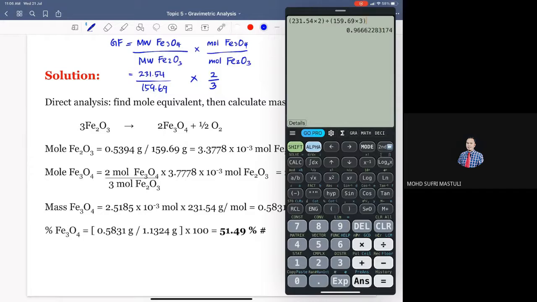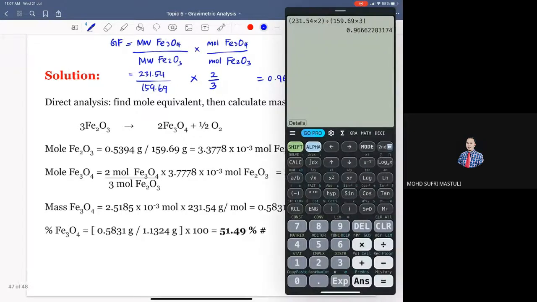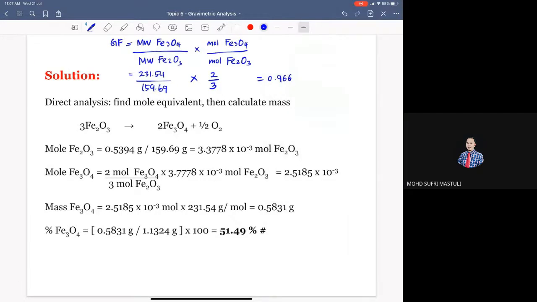So what is the gravimetric factor? 0.9666. So the gravimetric factor is 0.9666. So we can calculate them.